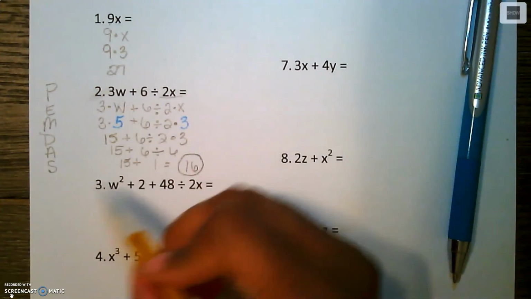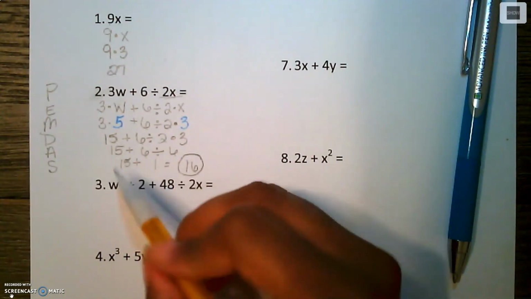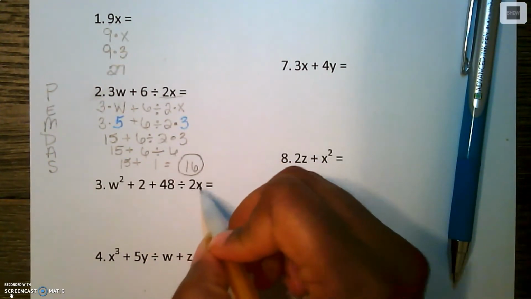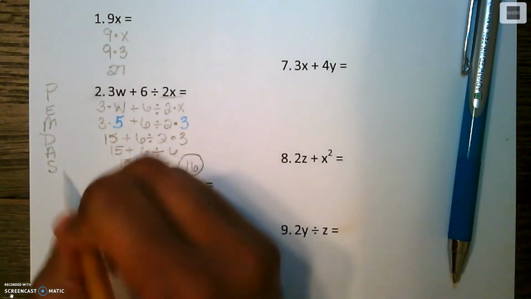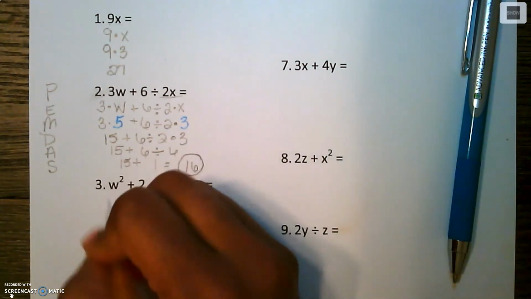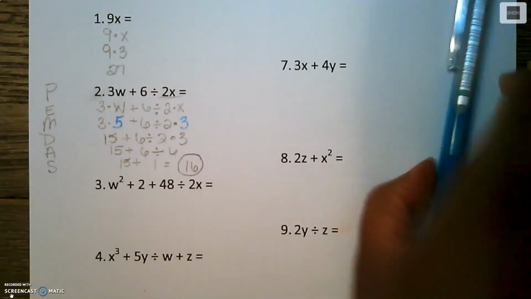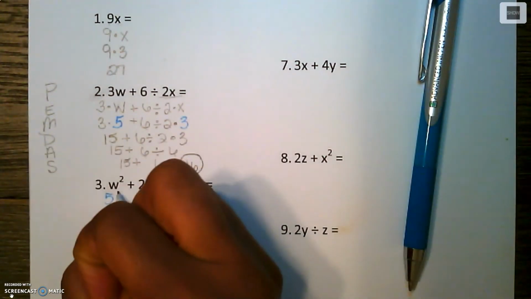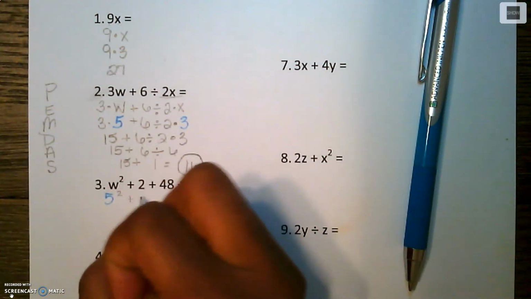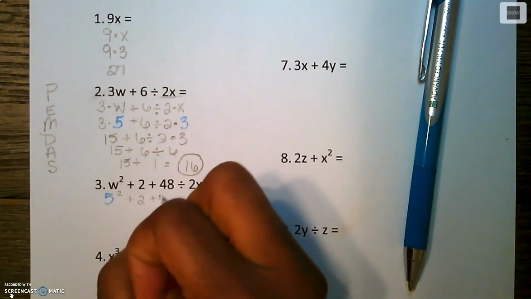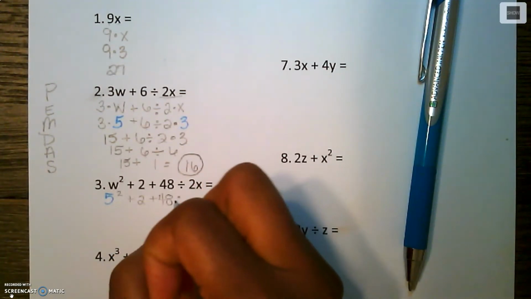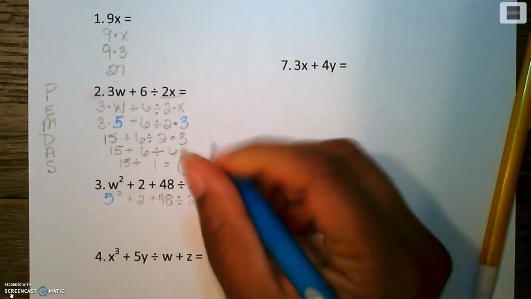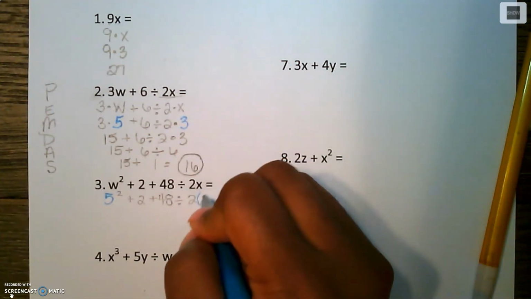Alright, for number 3, we have w to the power of 2 plus 2 plus 48 divided by 2x. So w is 5. So here I have 5 squared plus 2 plus 48 divided by 2, and x equals 3.